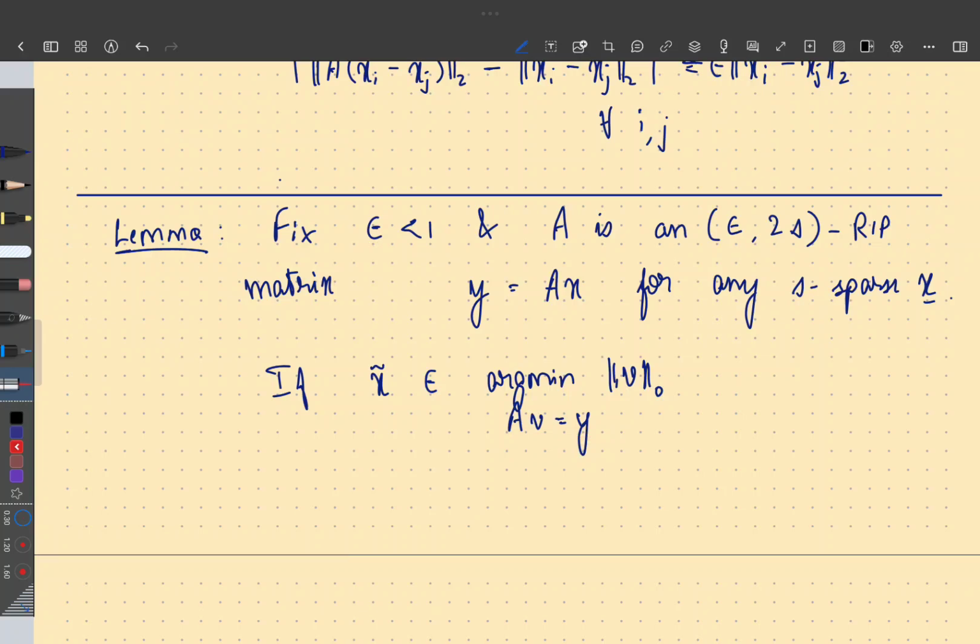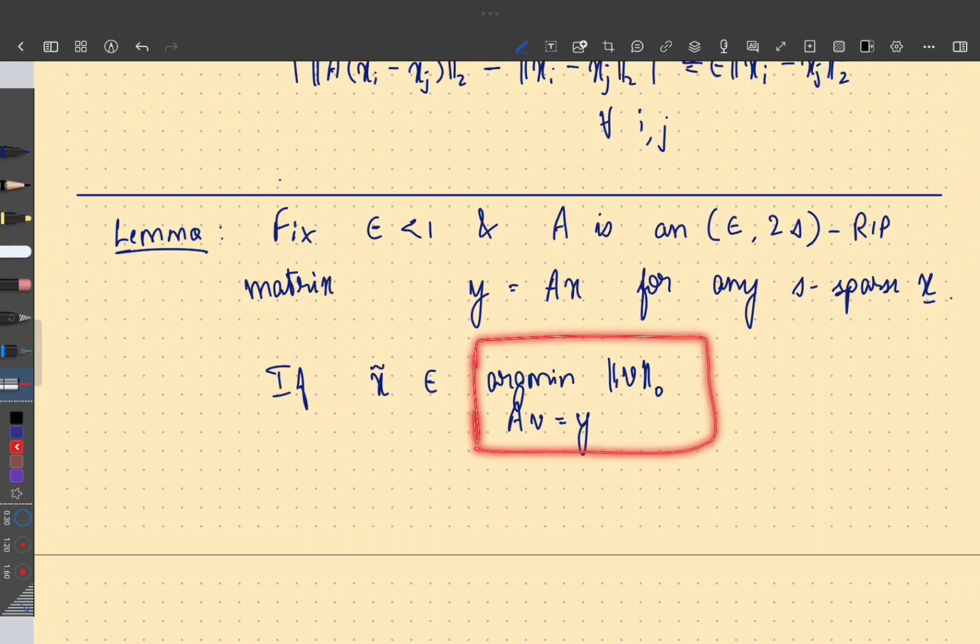So you're looking for the vector with smallest sparsity which has the same set of measurements as y.